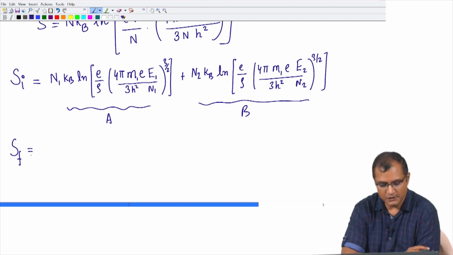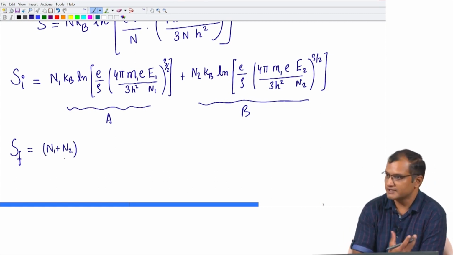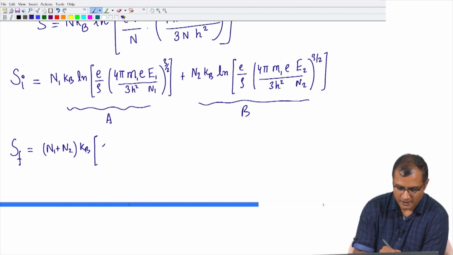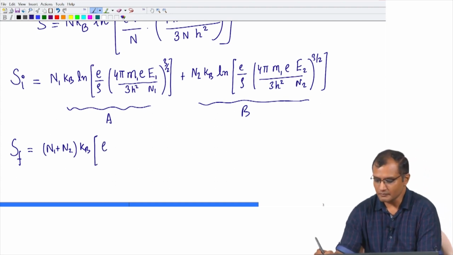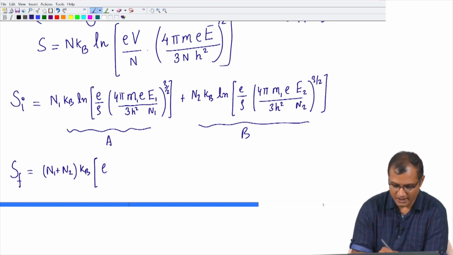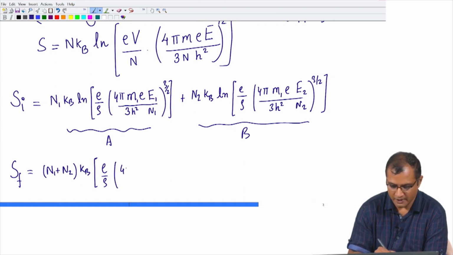So, here it is going to be just N1 plus N2, that is going to be a total number of particles, but they are of the same type, multiplied by Kb ln of e, V by N is simply rho, because that has not changed the density, into 4 pi m1 e upon 3h square.